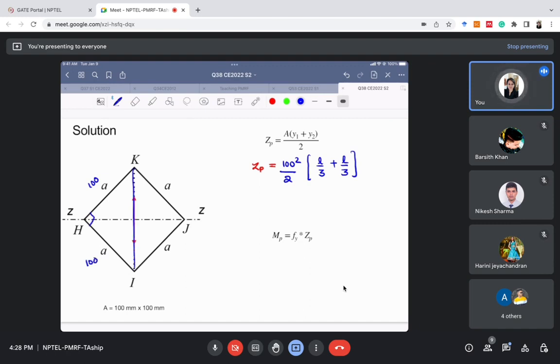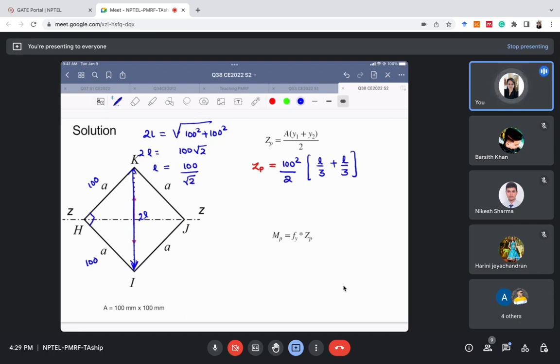So what will be this total length, which is 2L? 2L will be equal to the under root of 100 square plus 100 square, which is 100 root 2. So L will be equal to 100 by root 2. You got my point, right?